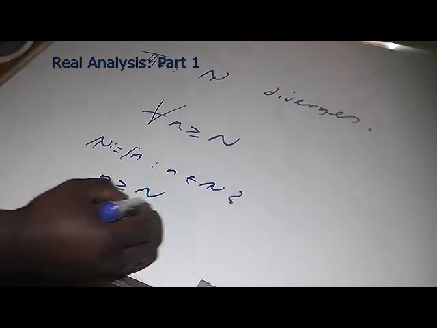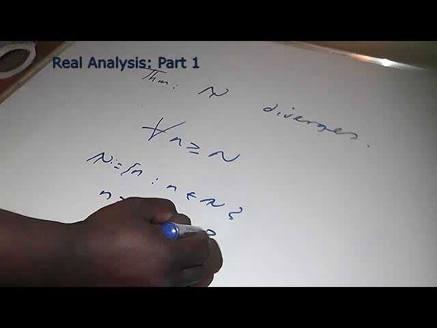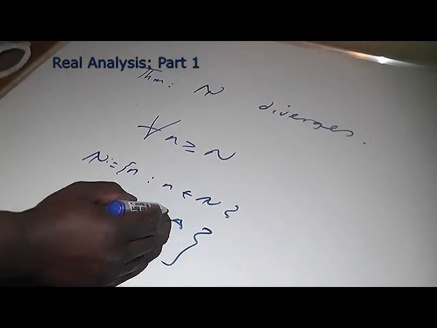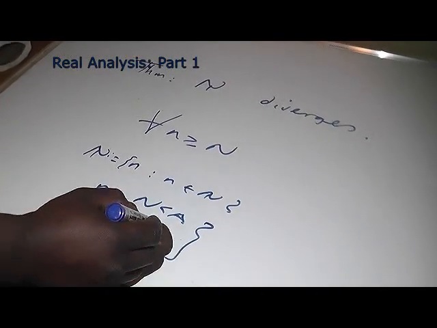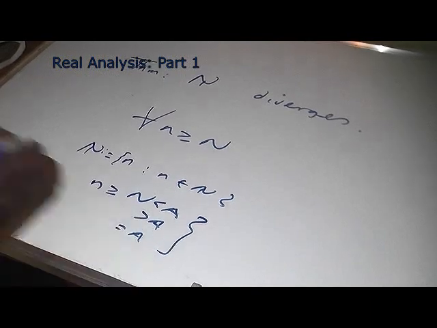Now, from trichotomy, three things will happen. Either n is less than a, or greater than a, or equal to a.